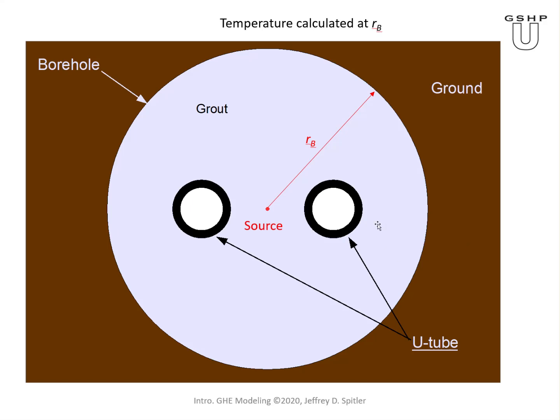The way the line source works is we take a heat input at the center. We pretend that this is all filled with ground, not with grout, no tubes. We just assume that we're putting the heat into a hole in the center. Then we use the line source to predict the temperature that we would get at this radius of the borehole.